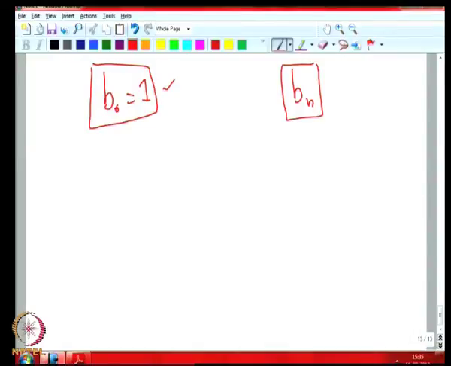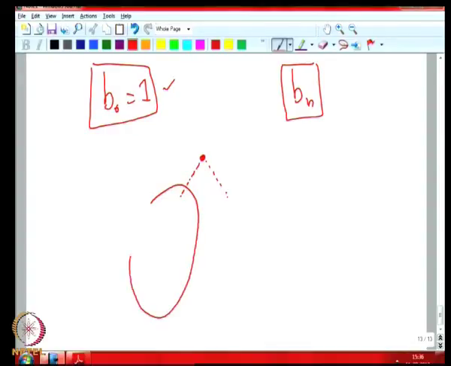Now this is the recurrence relation we are going to write for this problem. Once you add one vertex as the root, you are going to draw some tree towards the left and some tree towards the right.